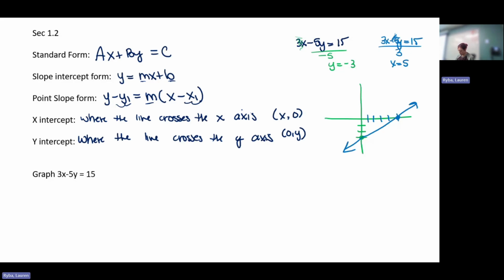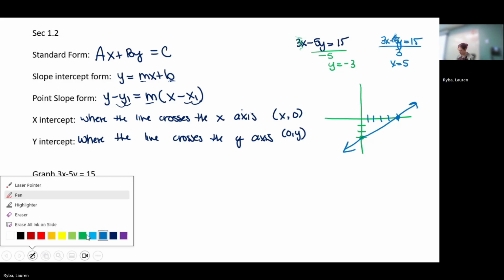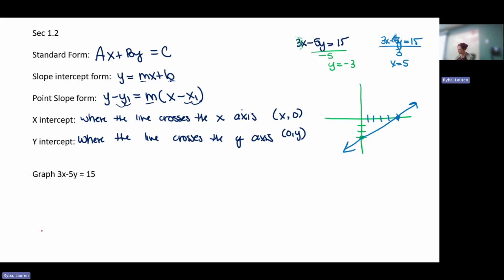If something was in this form, so let's say we had y equals 1/2 x plus 2. Let's say that was our line. Okay, so this is the y-intercept on the end. So that's where I'm going to start on the y-axis.